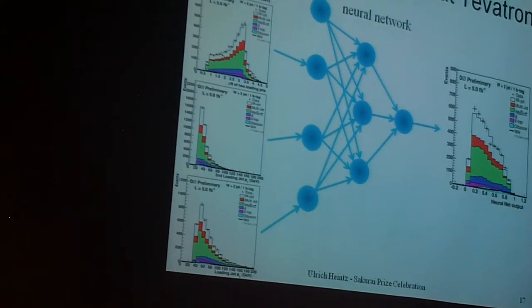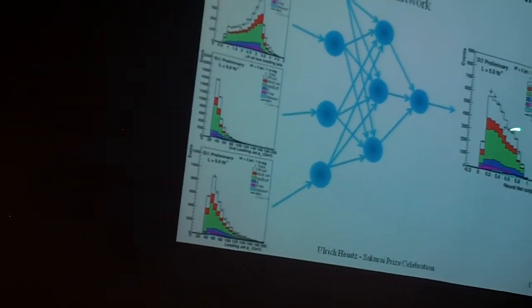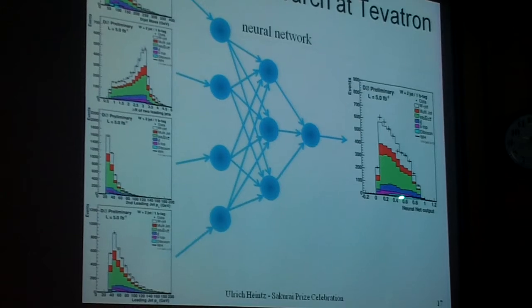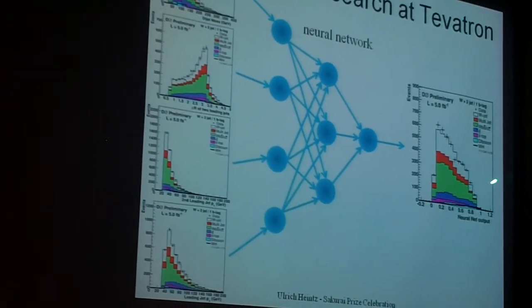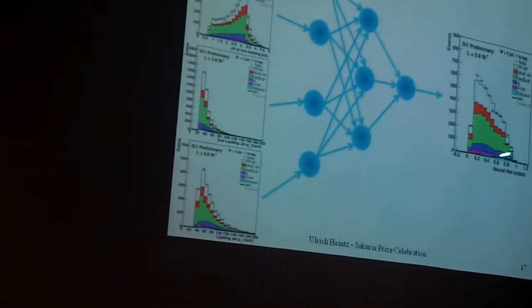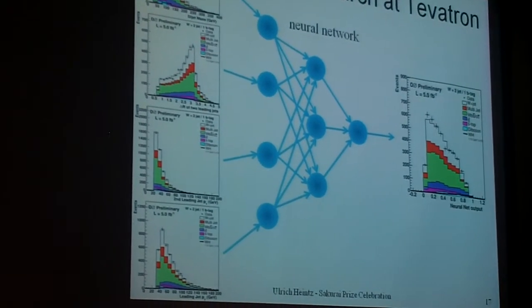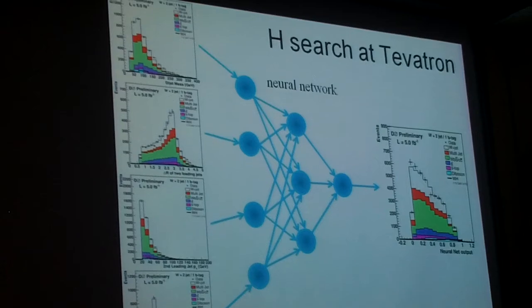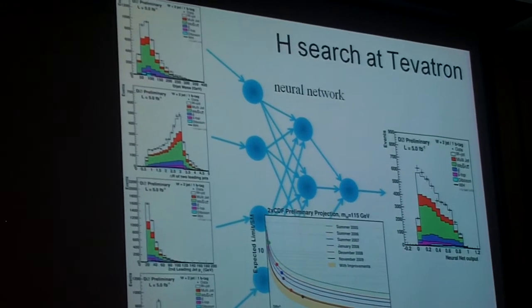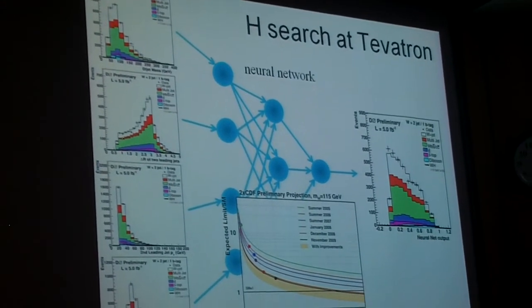And then you get a distribution where the signal has a rather different shape from the background distribution. And that gives you the maximum discrimination power between signal and background. These methods have been developed over the last few years at the Tevatron.